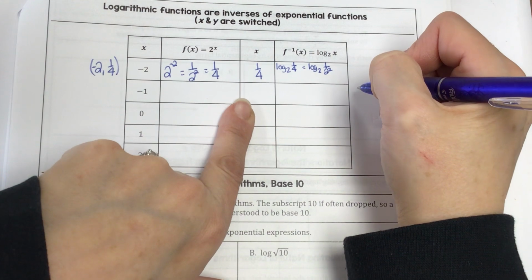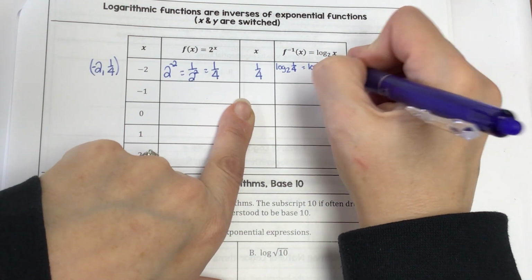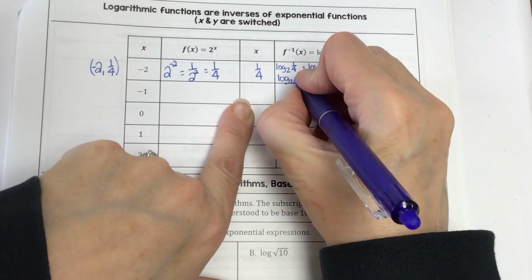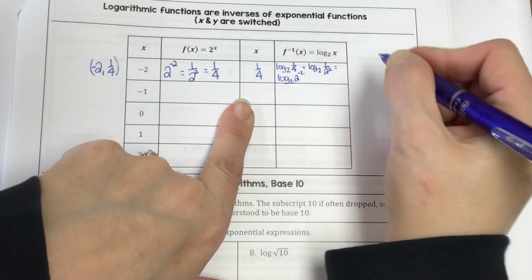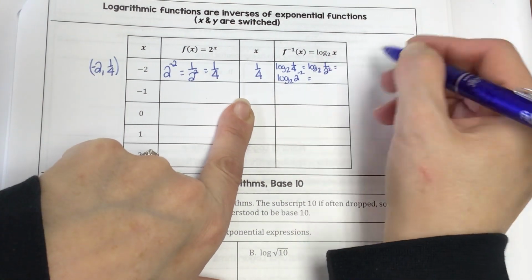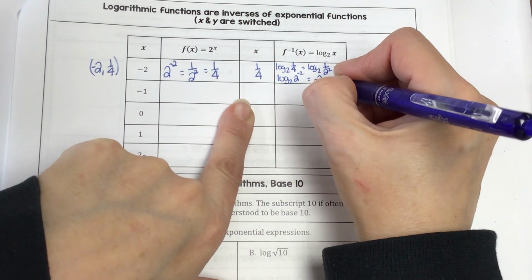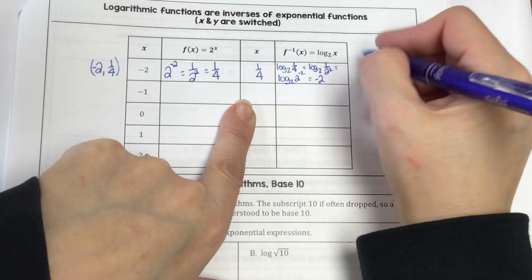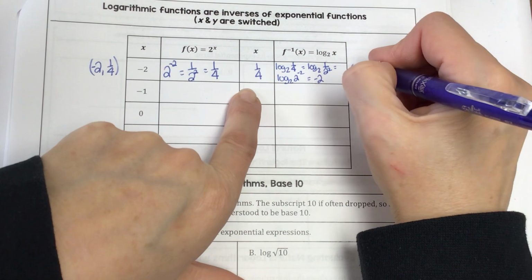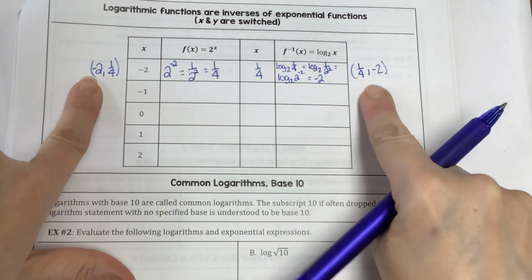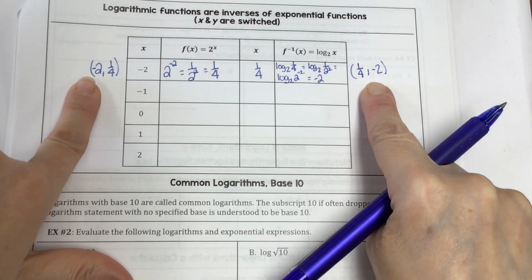Do you agree with that? And log base 2 of 2 to the -2 if I move it to the numerator. So what would this equal? -2, correct? So for my inverse function, when x was 1/4, my y was -2. Yes?